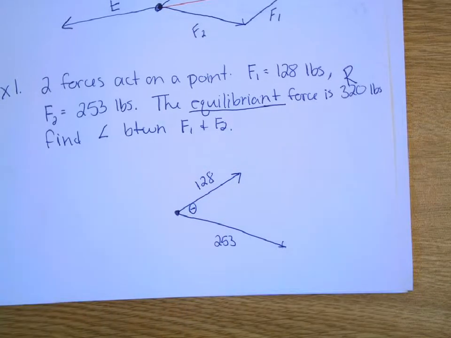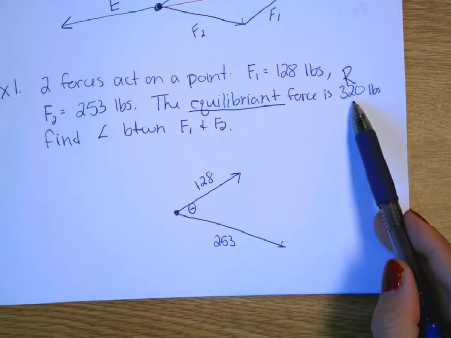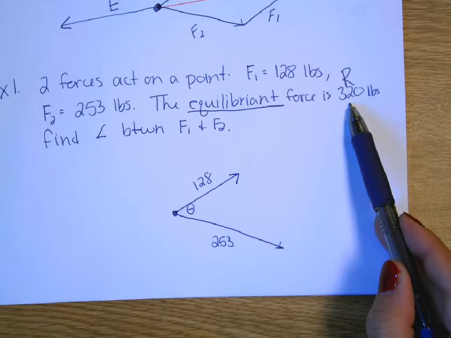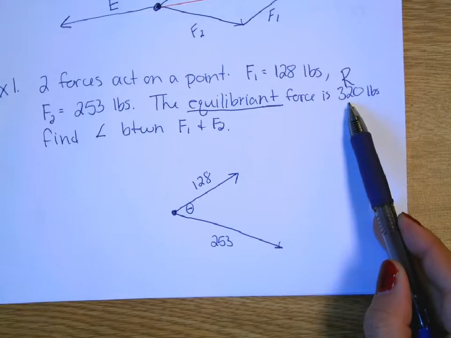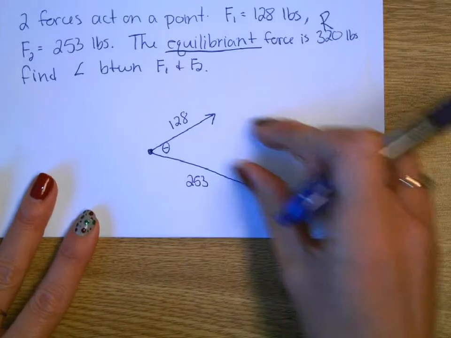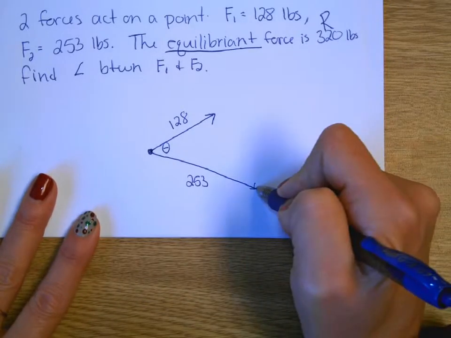How wide are those two ropes that are pulling on that point? What I want to do is add these two vectors together so that I can get my resultant into the picture, because I know something about the resultant. So what do I have to do to show the resultant? Slide them head to tail. I'm going to slide the 128 down to the arrowhead here.